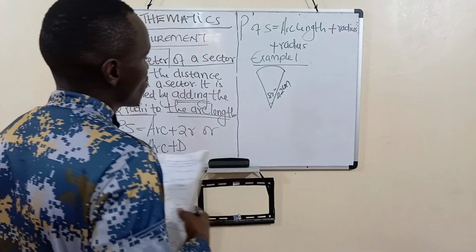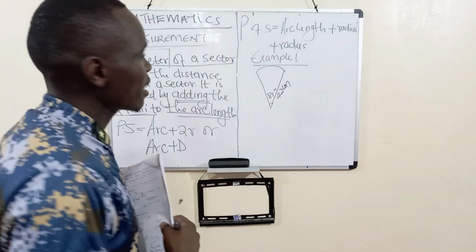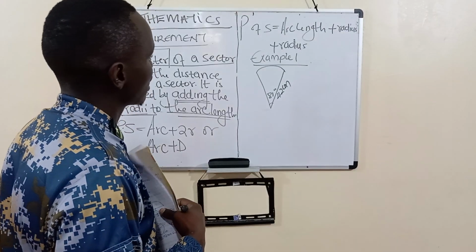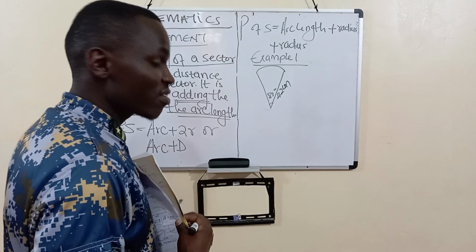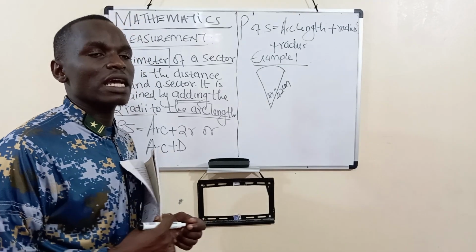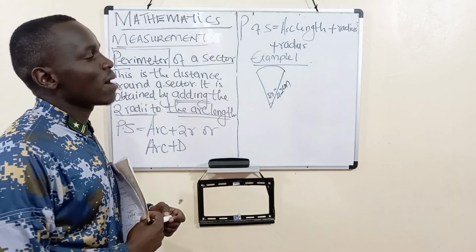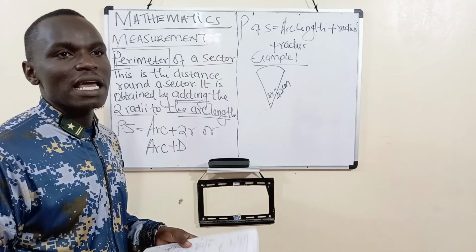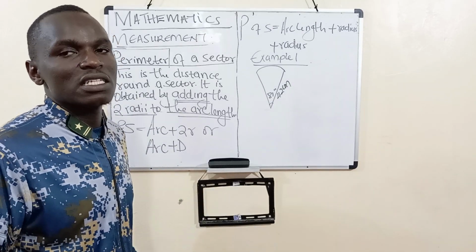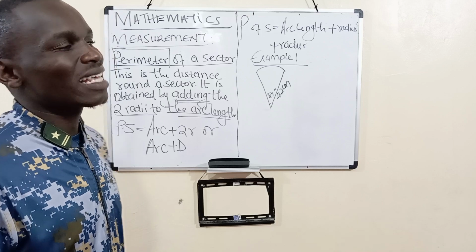So in this case, first of all, we must obtain the arc length. How do we get the arc length? In our previous lesson, we said that we get the arc length by theta over 360 multiplied by pi times the diameter.